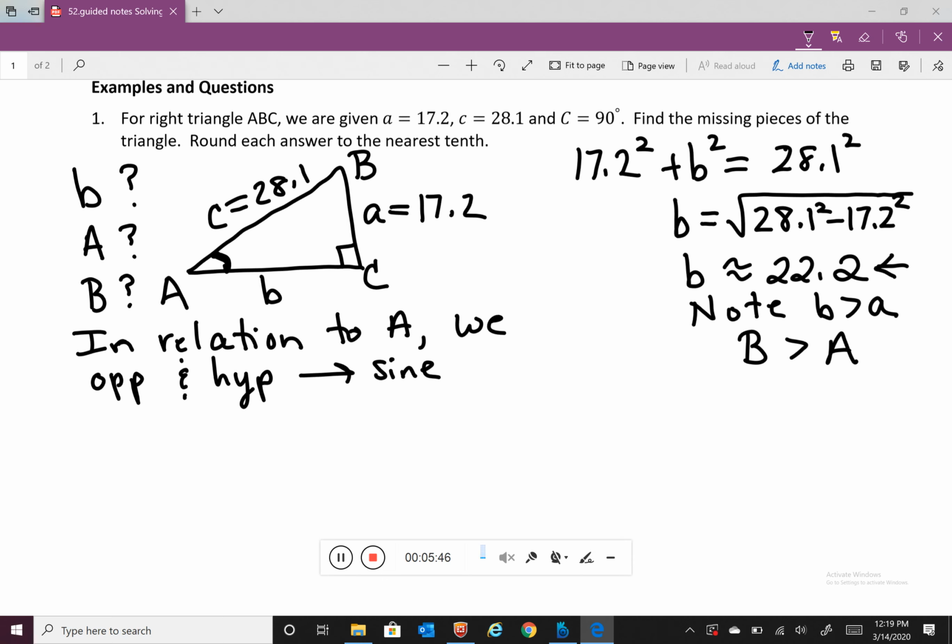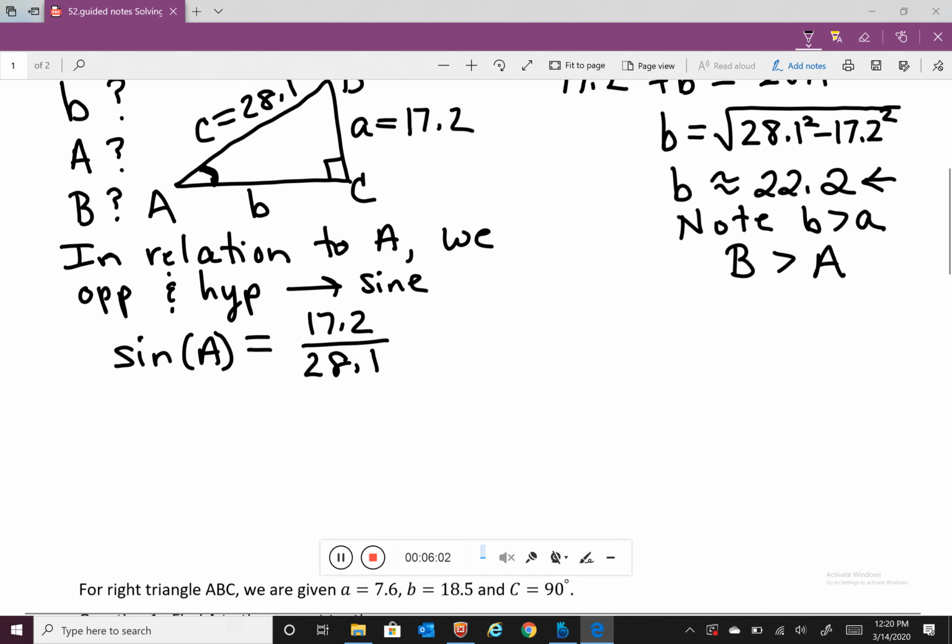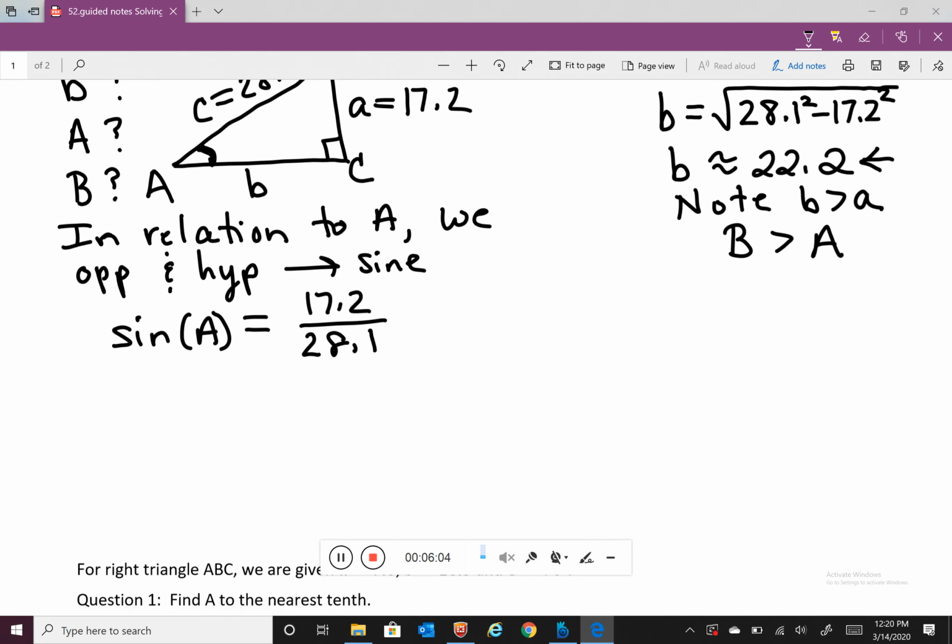So sine of angle A is equal to the opposite side divided by the hypotenuse. And now remember, we're trying to find an angle, so we're going to use inverse trigonometric functions. So we need to get rid of the sine by using sine inverse. So A is equal to sine inverse of this ratio.